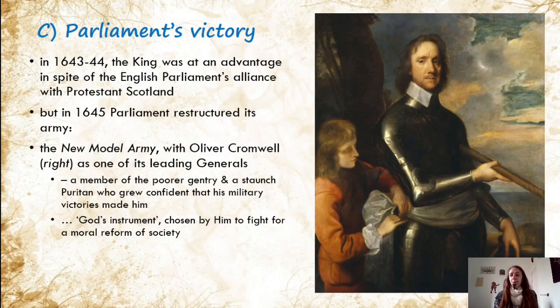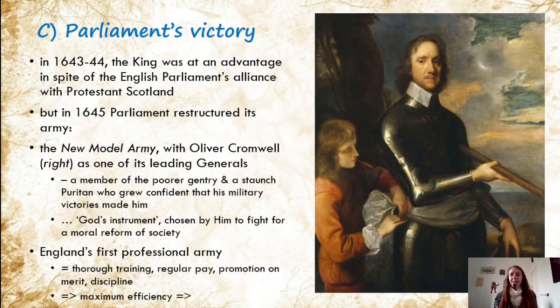A member of the poor gentry and a staunch Puritan, Oliver Cromwell grew confident that his military victories were making him God's instrument, that he'd been chosen by Him, with a capital H, to fight for a moral reform of society.